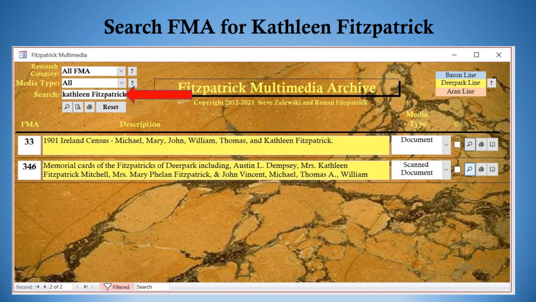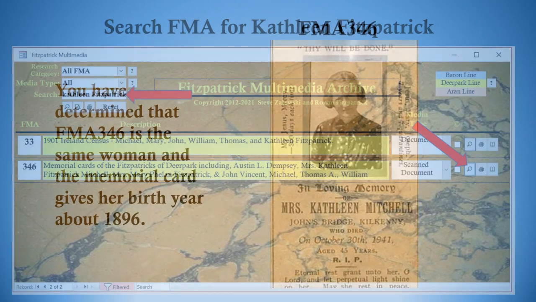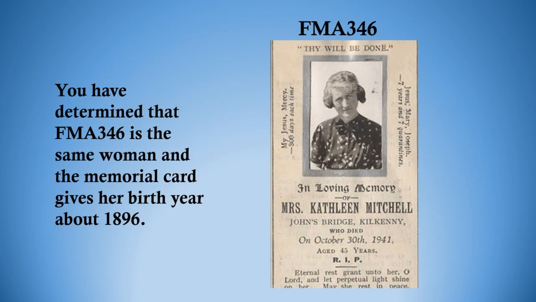As we read the descriptions, the most interesting is FMA 346, so we select its magnifier. Her funeral card shows the date and age at death, allowing her birthday to be approximated at 1896.